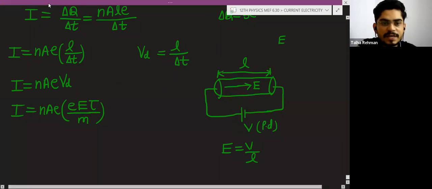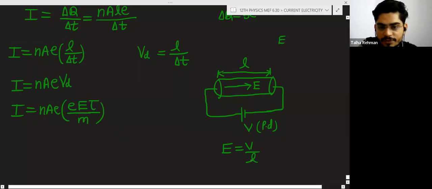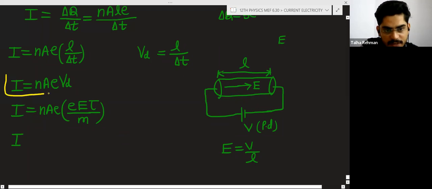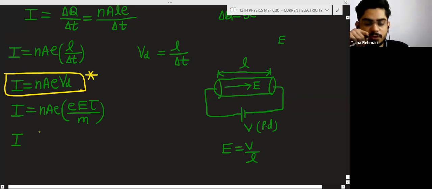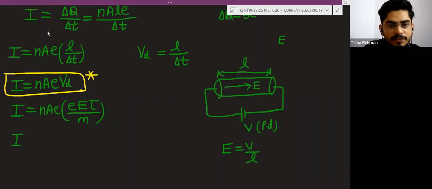So you can say electric field can be written as V by L. So this is the first relation between the current and the drift velocity. Please note it down till here, and after that we will discuss. Otherwise, you will get confused.